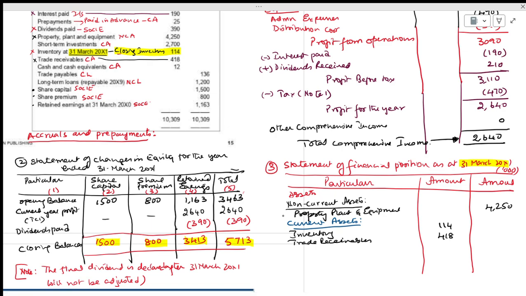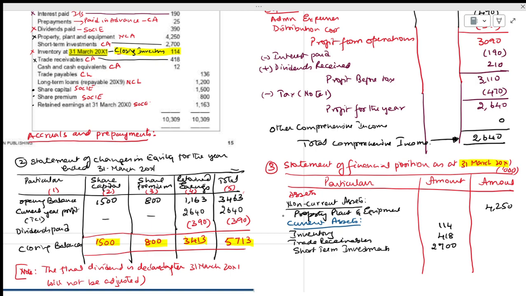How much? 2,700. The sequence is very important. 2,700. Next. Anything else?